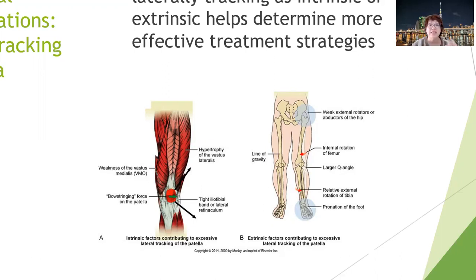If those are weak compared to the vastus lateralis, you can have lateral tracking of the patella. Hypertrophy of the vastus lateralis also can cause that lateral tracking because the lateralis is stronger than the medialis.